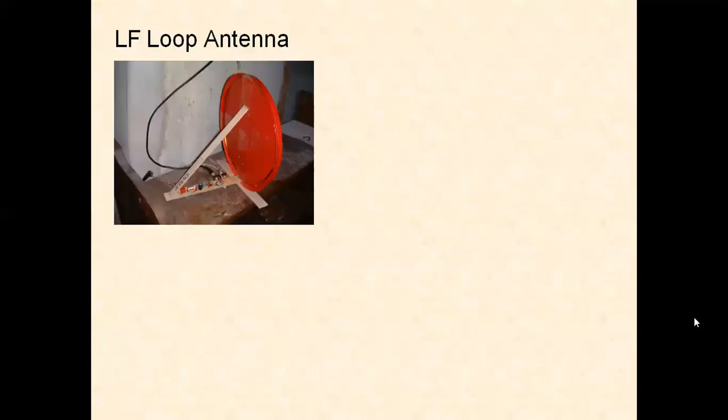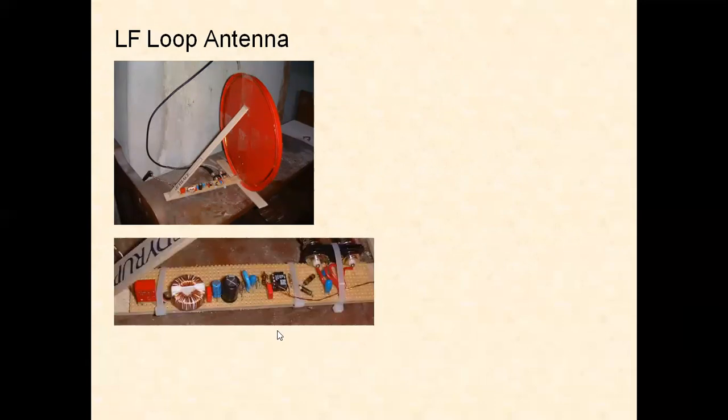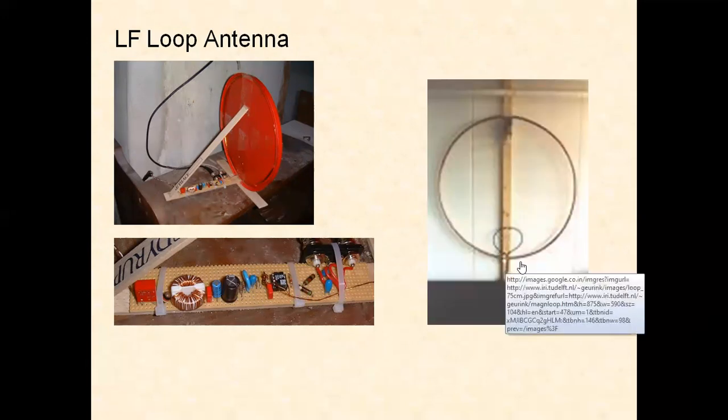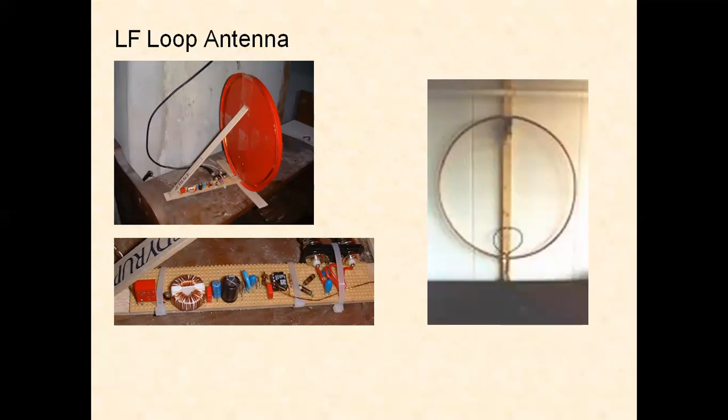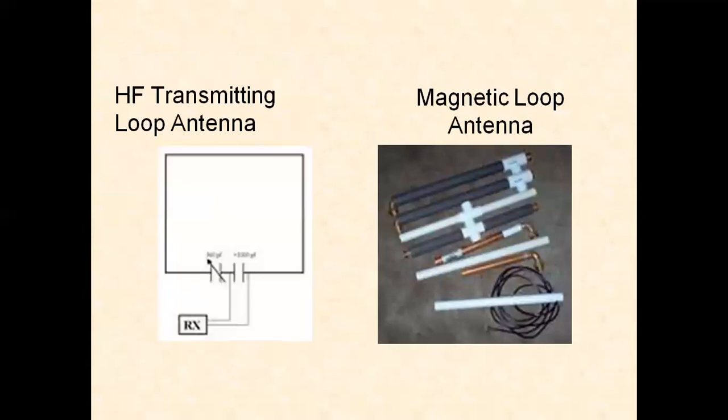Low frequency loop antenna. This loop is of low frequency. When it is low frequency, the size will be more. So a small coil will be acting as a loop antenna. The small coil. HF transmitting loop, magnetic loop antenna.